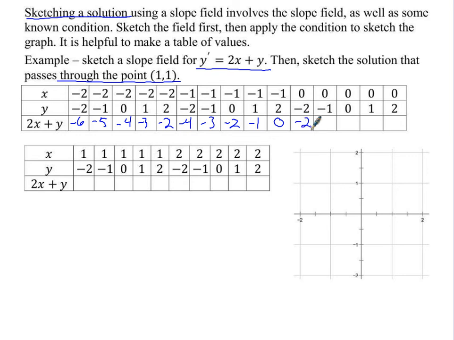And then? Yep. Okay. 1, 2. Good. And then here, when x is 1 and y is negative 2. Okay. 1. Yep. Okay. Now when x is 2, we get, and then.